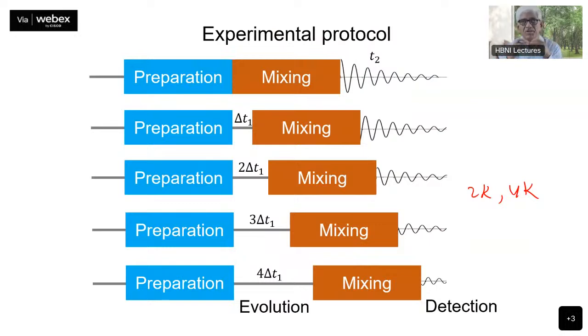It depends on how much space you have on your disk and how much time you want to give. You can collect various numbers of data points. This will remain the same for all the experiments. But T1 is incremented systematically, one by one. Therefore, the total experimental time will depend on how many T1 values you use. That determines the experimental protocol for the two-dimensional spectrum.